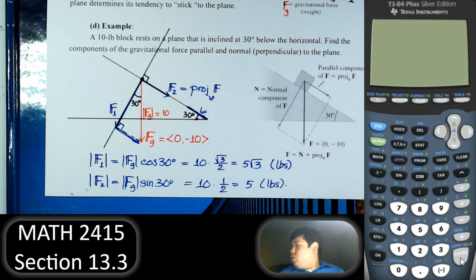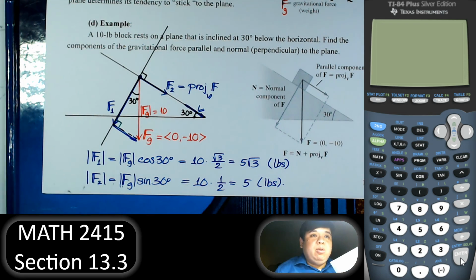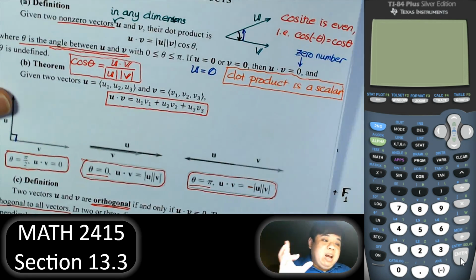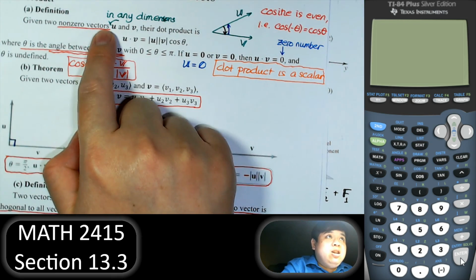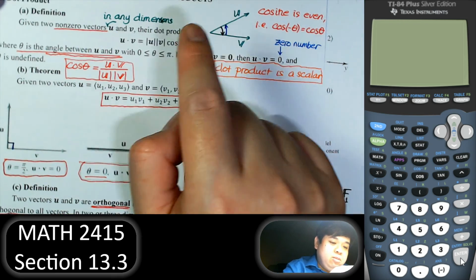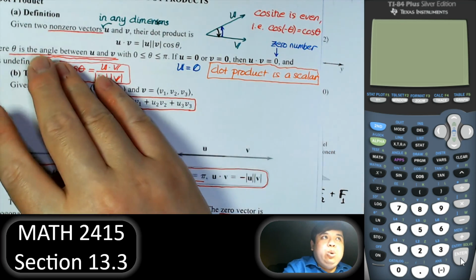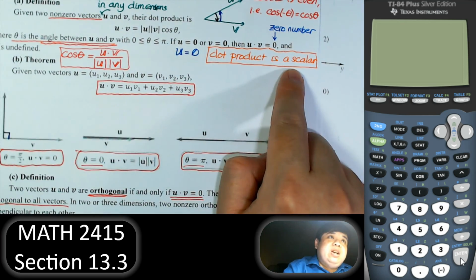Right. So that's pretty much it. So that is the dot product. Very simple. So what can we do with the dot product? The dot product definition works for any vectors, any dimension. The angle between two vectors doesn't matter, from U to V or from V to U. The dot product is a number.